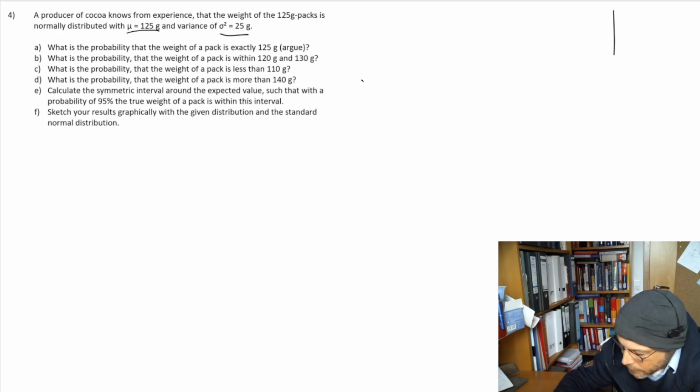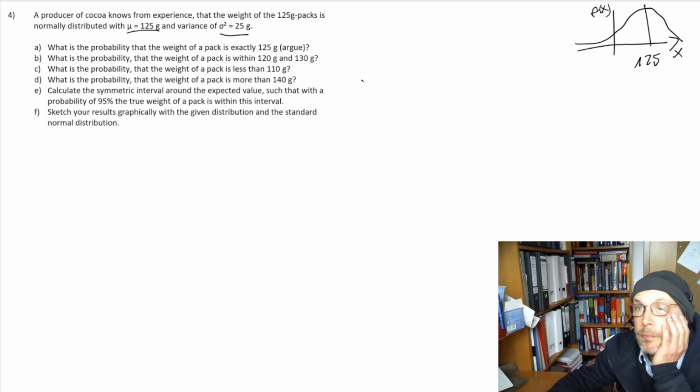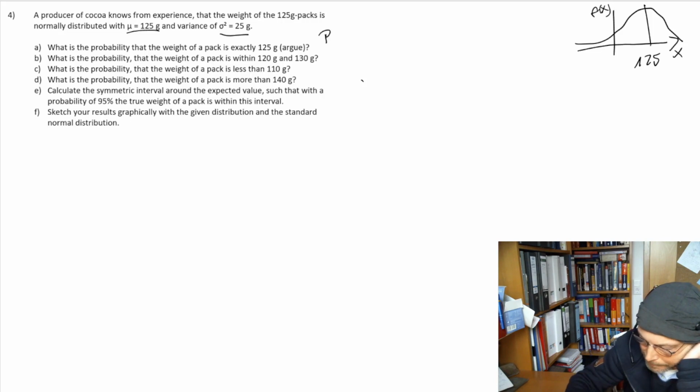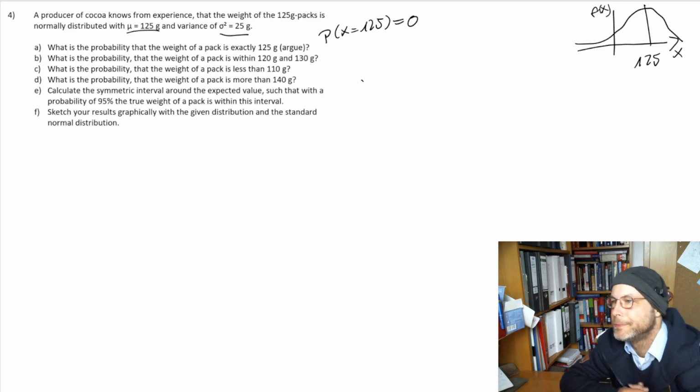So our density, of course, looks like this, with 125, f(x) and x. And this one you really have to keep in mind because this is quite counterintuitive. Because the probability of x equals 125 is just 0.